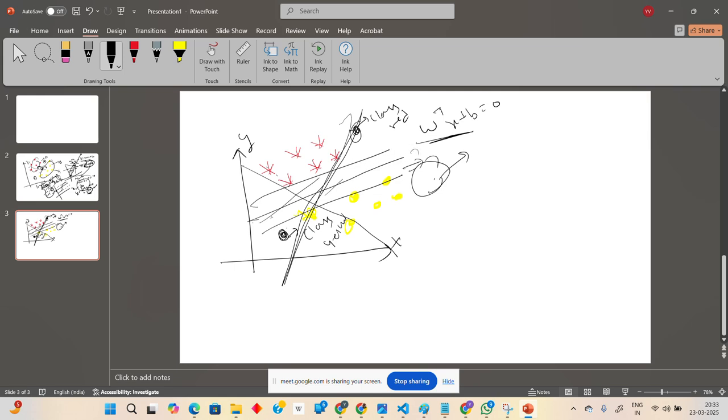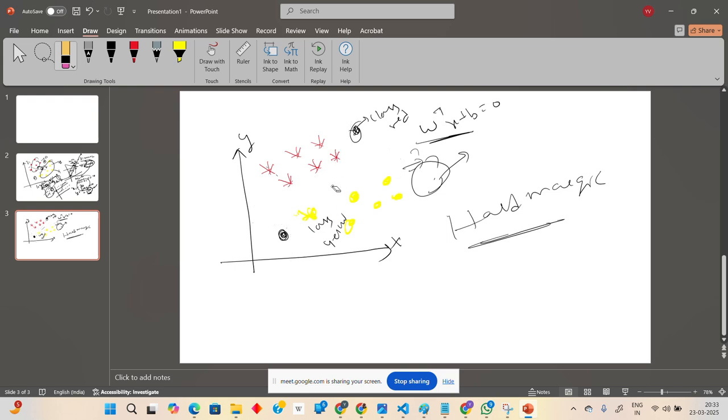When this situation arises, we will consider the concept of hard margin. What this means is, instead of one line, we will draw a line here and another line here, with the hyperplane in between. So you can come up with three lines instead of one.